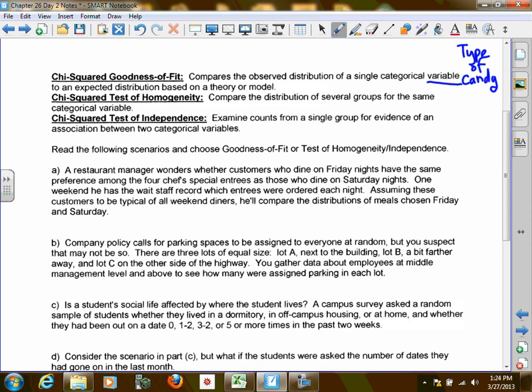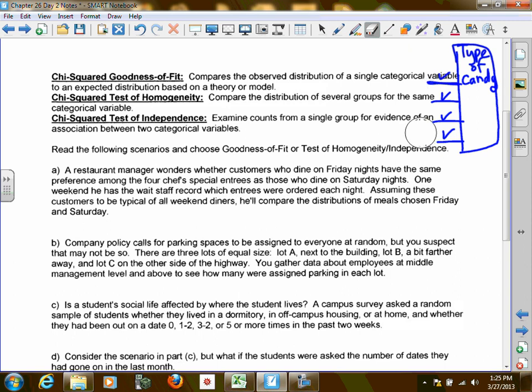We would have Three Musketeers, Snickers, Tootsie Rolls, whatever. So we have only one variable, and it's the type of candy, with 4 different categories for the 4 different types of candy.